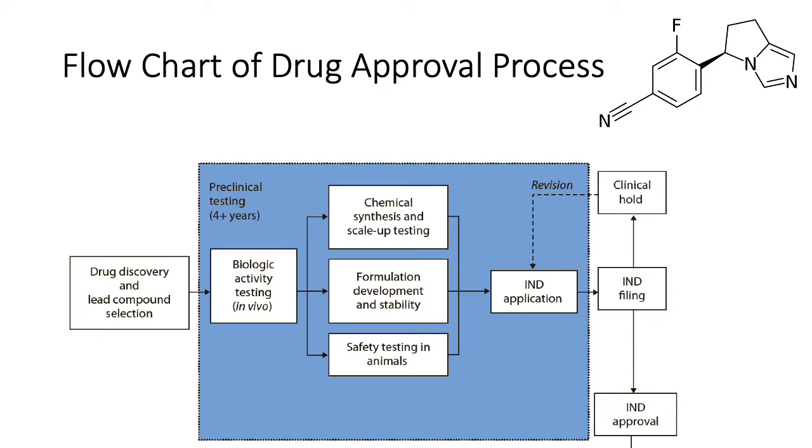It will be tested in vivo, meaning in animals, and according to its activity in vivo, once they make sure that it is effective in vivo, they have to prepare the data required for its clinical testing.